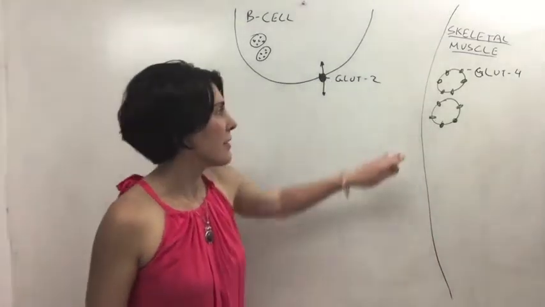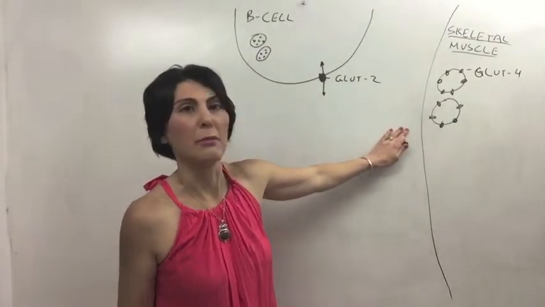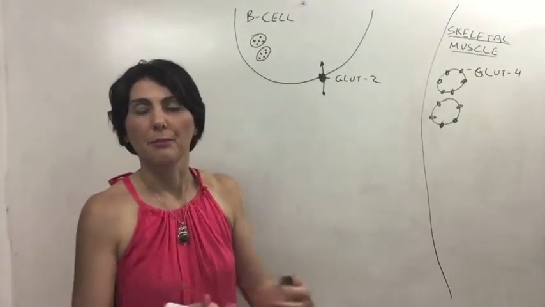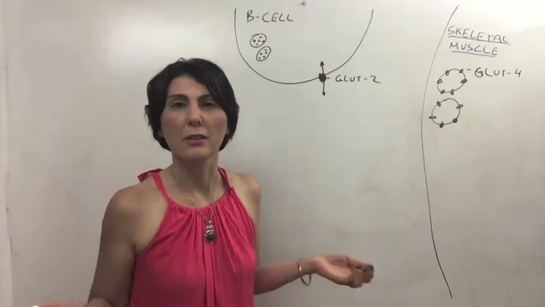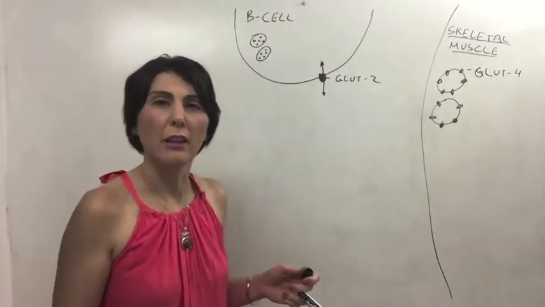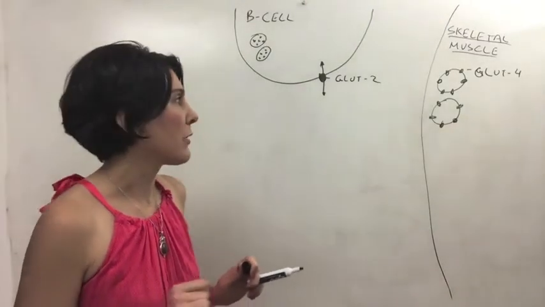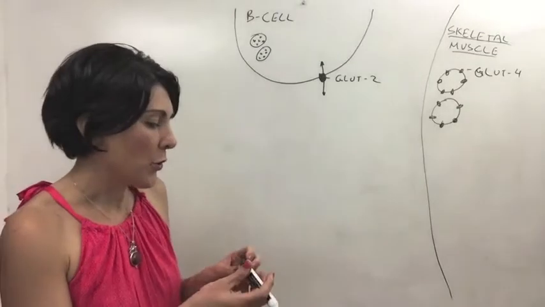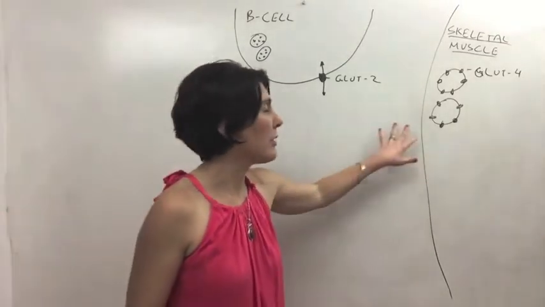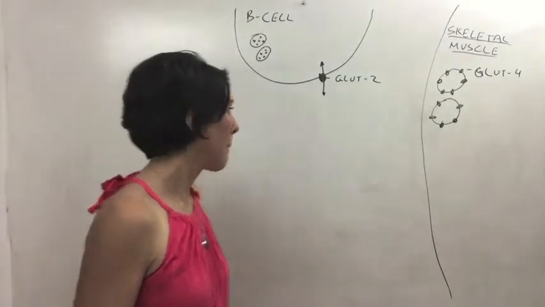When you exercise, these actually integrate into the membrane. They get inserted into the membrane so that you can uptake glucose into the cells. Which makes sense, because when you're running you want to have fuel available. You want to allow the movement of glucose into the cells. They are also insulin sensitive, so these transporters will insert into the membrane in the presence of insulin.